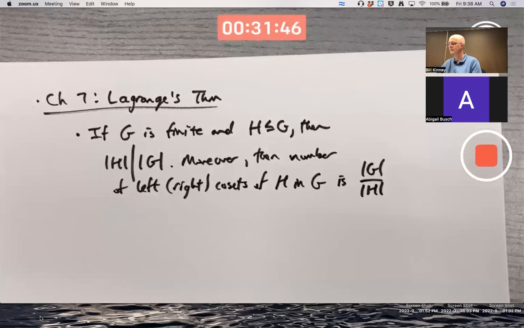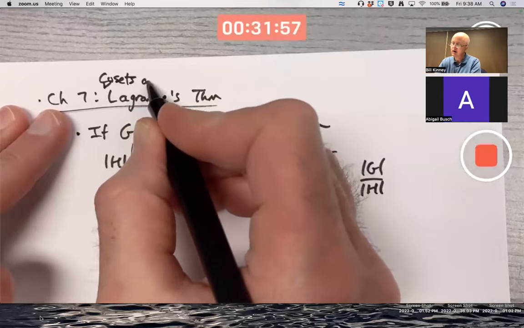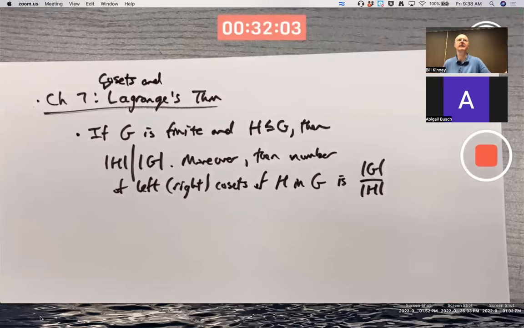So chapter 7 is also about cosets, because cosets are a fundamental tool for proving Lagrange's theorem, first of all. And then in chapter 9, they also become a fundamental tool in terms of defining factor groups.